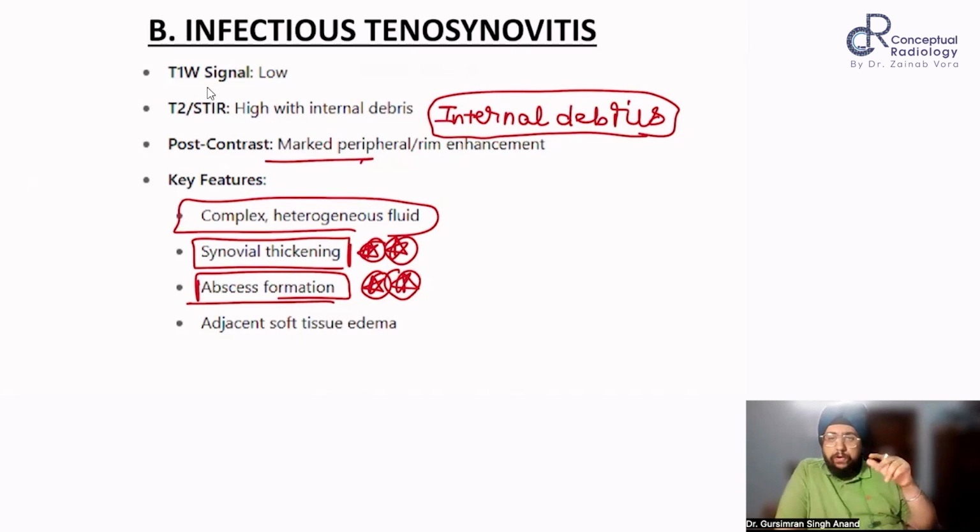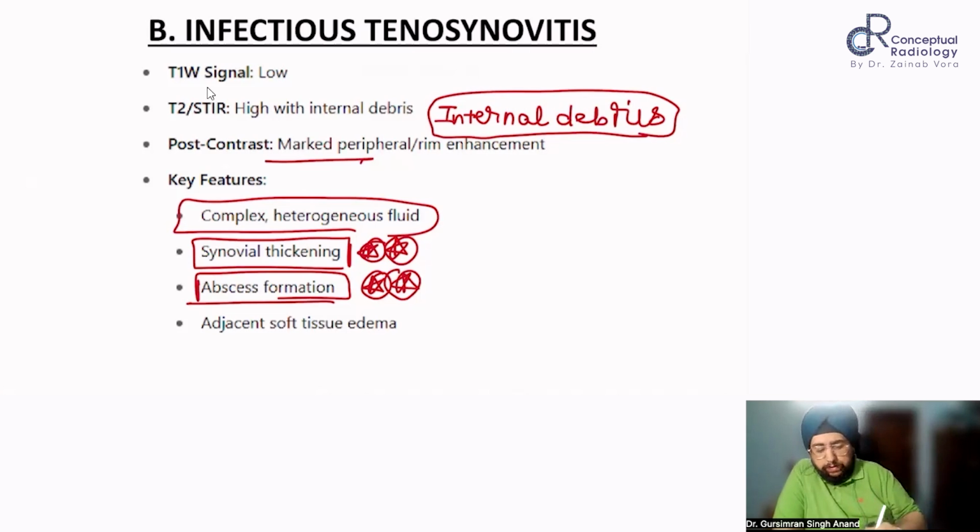And the difference between your infectious and inflammatory tenosynovitis, if somebody asks you: in the inflammatory tenosynovitis, the amount of fluid will be less in comparison to your infectious tenosynovitis. Okay, more synovial thickening will be there in cases of inflammatory tenosynovitis in comparison to the infectious.